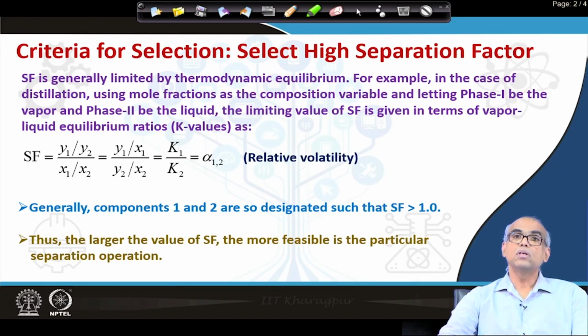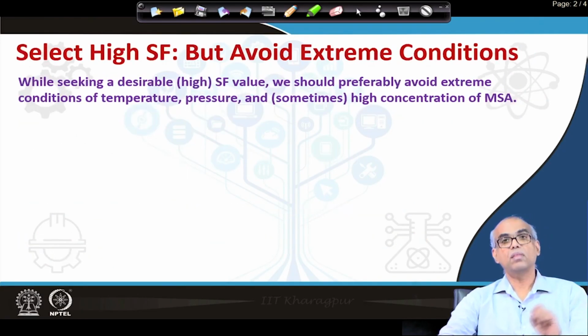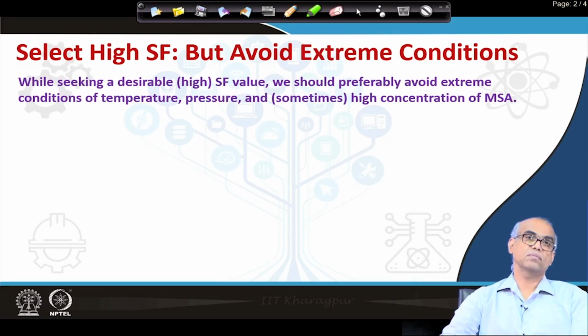So, we will tend to select separation process or separation method with high separation factor. Now, we have to take certain cautions as well. While we select a high value separation factor, we should keep in mind that we need to preferably avoid extreme conditions for temperature, pressure, as well as sometimes we should avoid excessive use of mass separating agent.